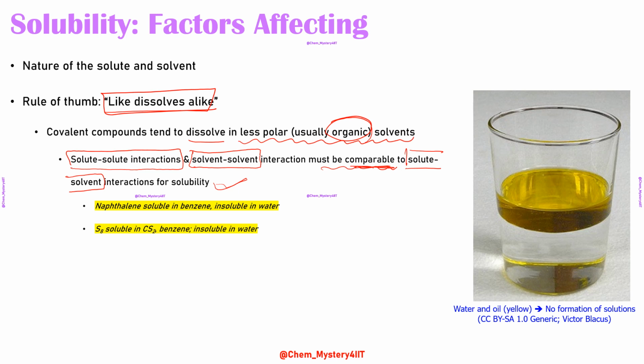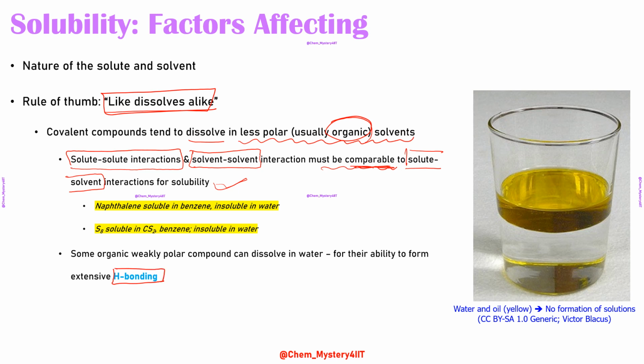Also, there is another factor, hydrogen bonding, which can change the play of organic compounds completely. If our organic compound has the possibility of hydrogen bonding, in spite of being an organic compound, it can still be soluble in polar protic solvents like glycerol or ethyl alcohol.